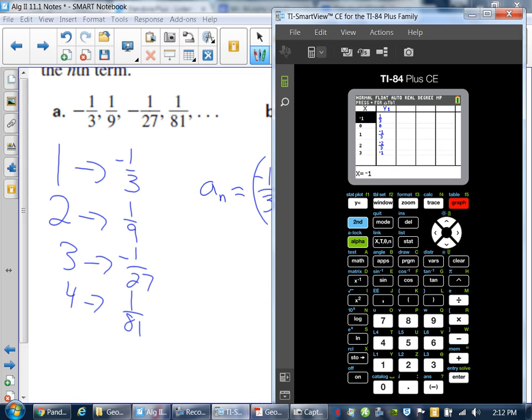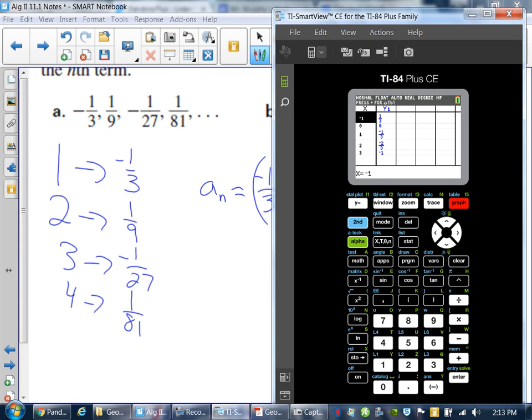Now, when you put that in the calculator, what do you get? What you did, and this is where playing around with the calculator is important to understand what it's doing, is 1/3 times n, so it's 1/3 times 1, 1/3 times 2, 1/3 times 3. That's not going to work.